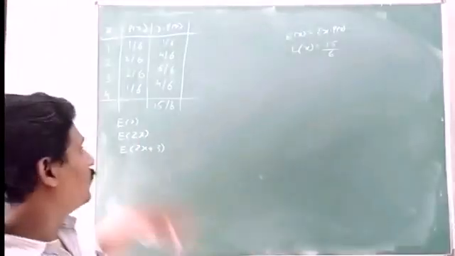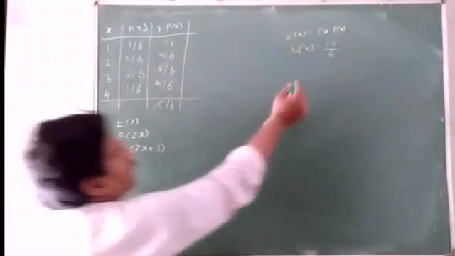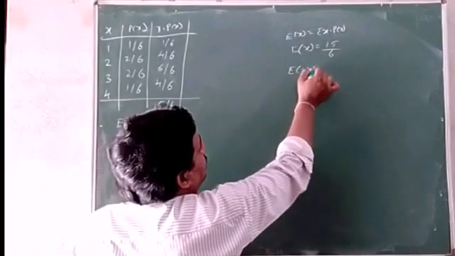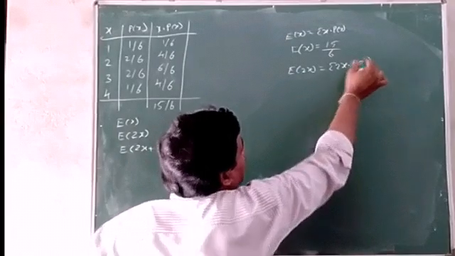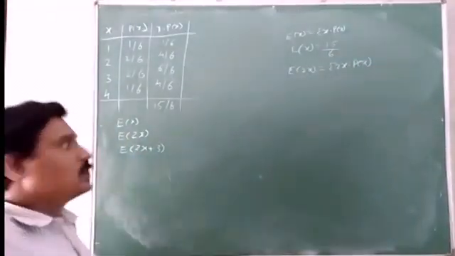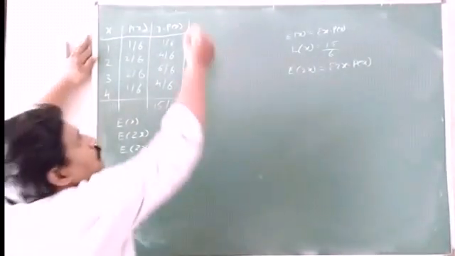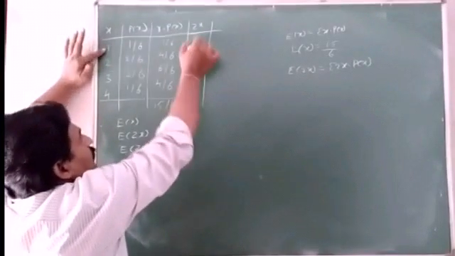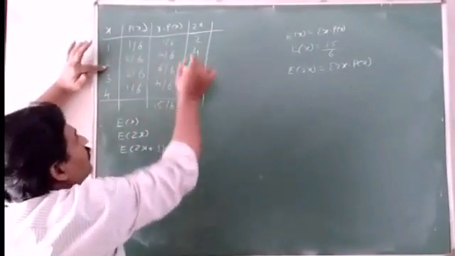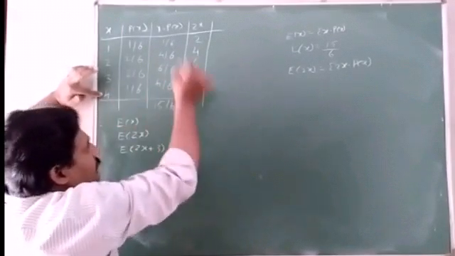Now, second question, 2x. So expectation of 2x. First find E of 2x is equal to summation of 2x into P of x. For that, we need to find 2 into x first. So 2x. 2 into 1, 2. 2 into 2, 4. 2 into 3, 6. 2 into 4, 8.